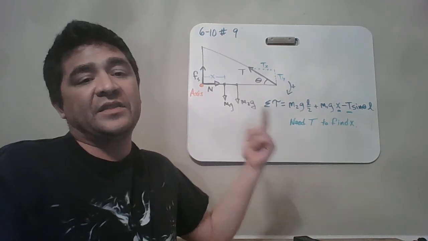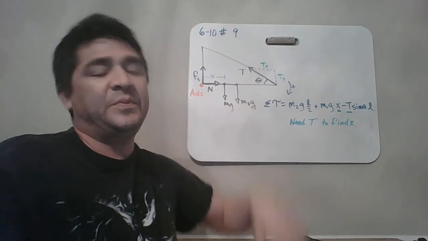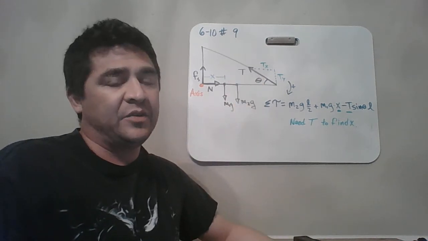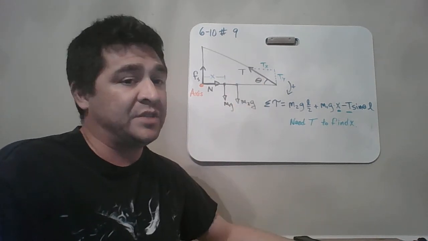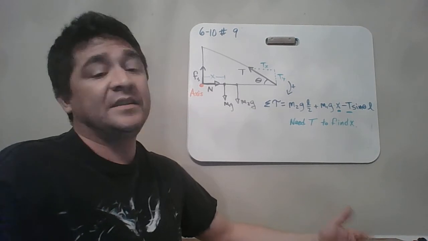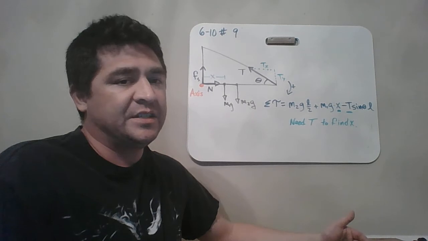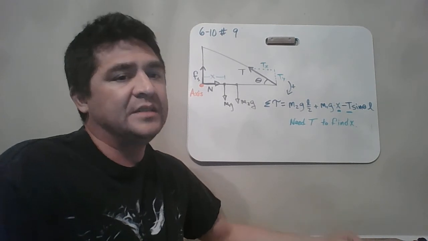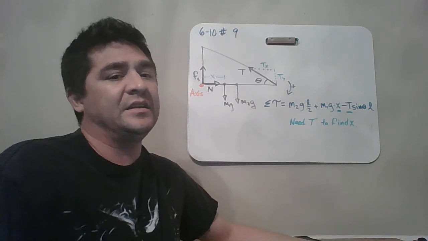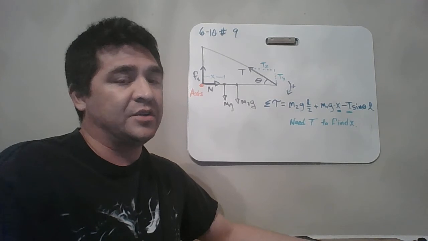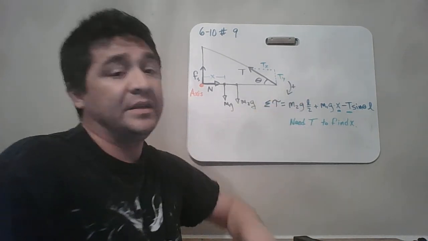And then we've got the cable holding it up, keeping it from rotating clockwise, causing, or trying to cause, a counterclockwise rotation. So we got that in as a negative torque. Again, we got to do a cross product here because they aren't perpendicular. So our lever arm of L times sine theta times tension, just to use our cross product, right? Using that Y component there.